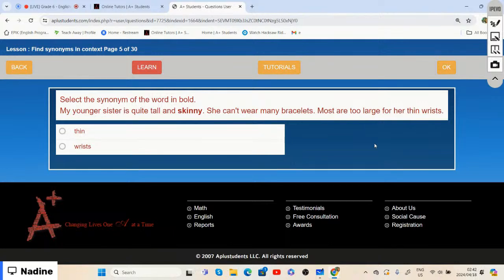My younger sister is quite tall and skinny. She can't wear many bracelets. Most are too large for her thin wrists. So skinny. Is skinny the same as thin or is skinny the same as wrist?